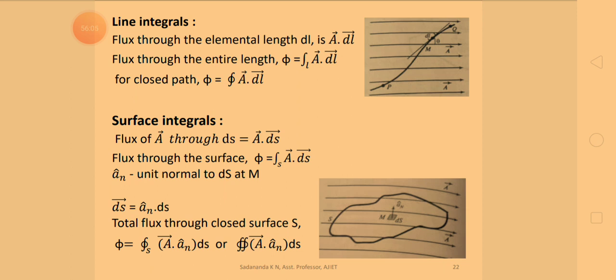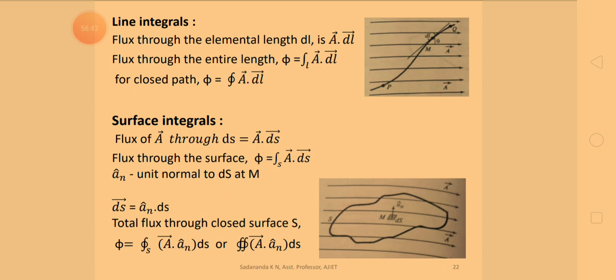Now, in order to evaluate the total number of field lines passing through the entire length L, we need to integrate A·dl, because A·dl is the number of field lines crossing the elemental length dl. If you want to know the total number of vector lines crossing the entire length L, we need to integrate the vector A · dl. So it will give rise to the total number of field lines crossing the entire length L.